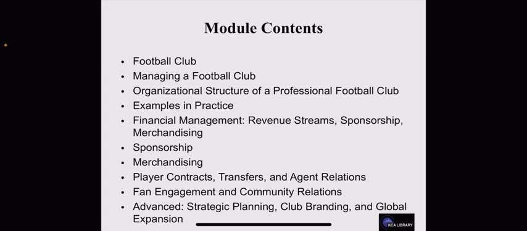After that, we'll move on to player contracts, transfers, and agent relations. This is also an important part of managing a football club. How does a club handle player contracts, player transfers, and agent relations? We also move to fan engagement and community relations. Finally, we'll be looking at strategic planning, club branding, and global expansion.